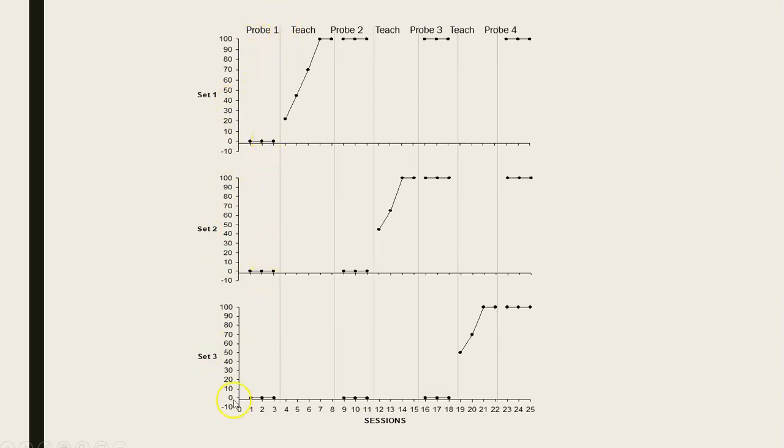So baseline data are collected across all tiers. Intervention is implemented only for set 1, while students are not exposed to set 2 and 3 during this time period. And once the pre-established criteria for mastery is met in the first tier, baseline data are collected again across all 3 tiers. And if it's low and stable, intervention is begun for the second tier. Once that criterion for mastery has been met, baseline data are collected.